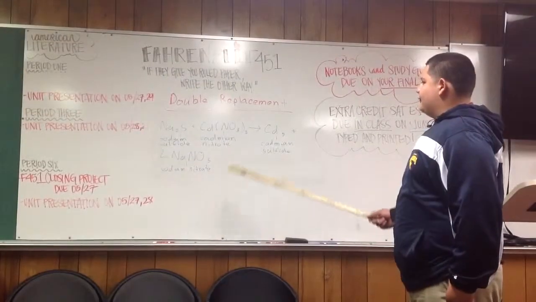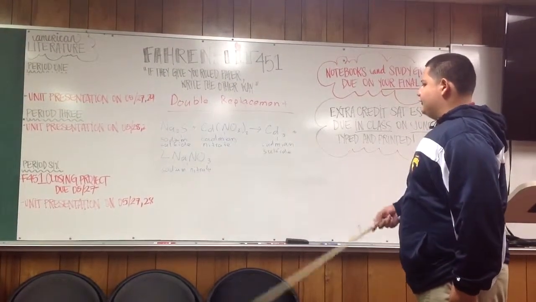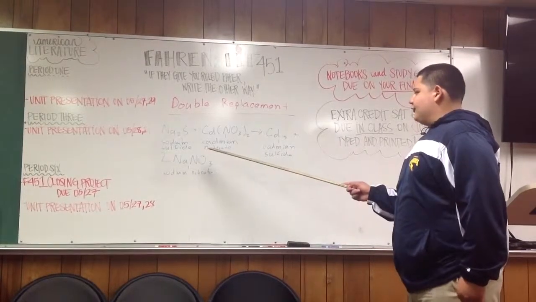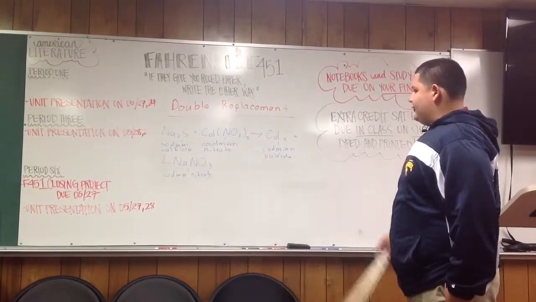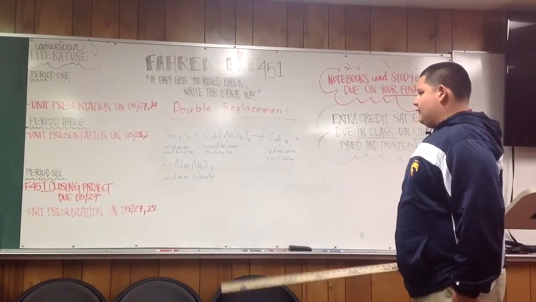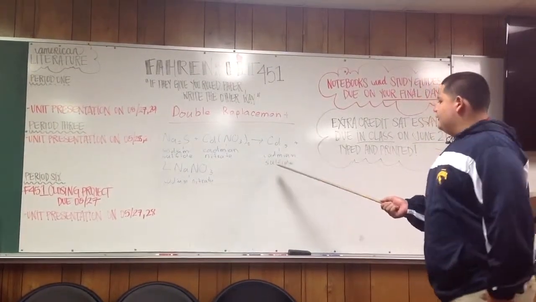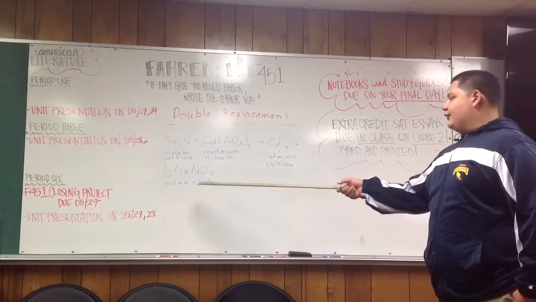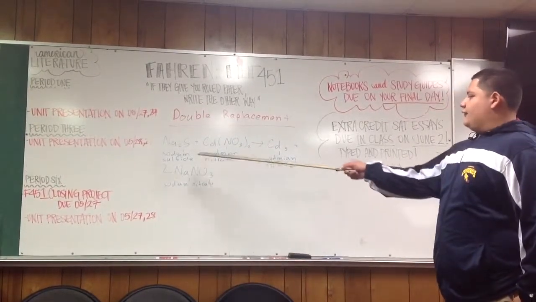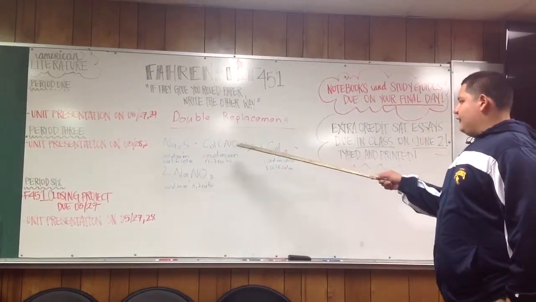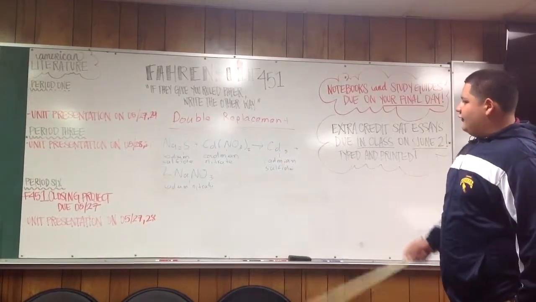Our first example consists of sodium sulfide and cadmium nitrate being the reactants. During the reaction, the products will be cadmium sulfide and sodium nitrate. Notice how these are 2 different compounds and these are 2 different compounds.